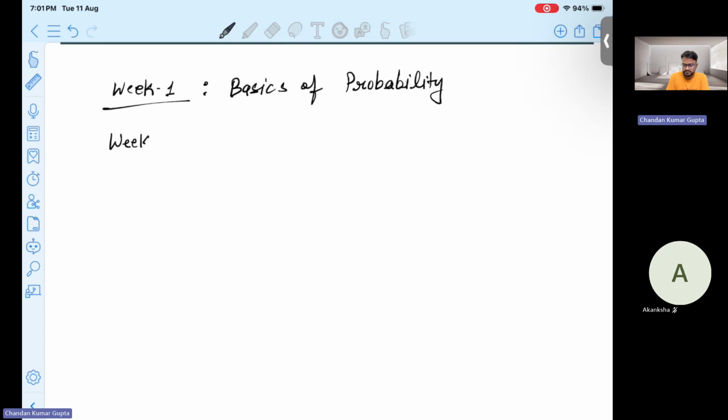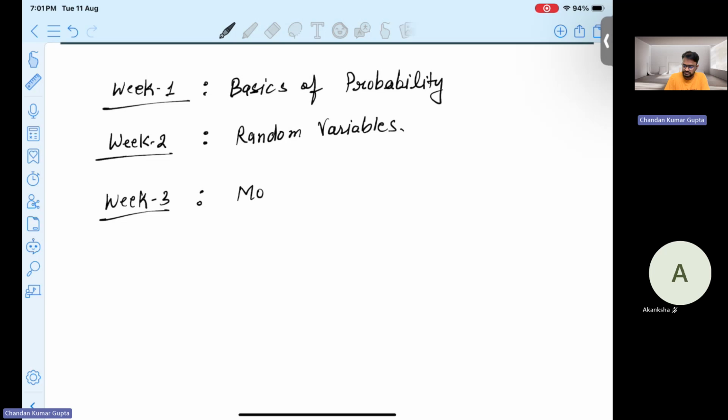In week two, we discussed random variables, their properties, CDF, PMF, etc. Now in week three, we will discuss moments and inequalities.